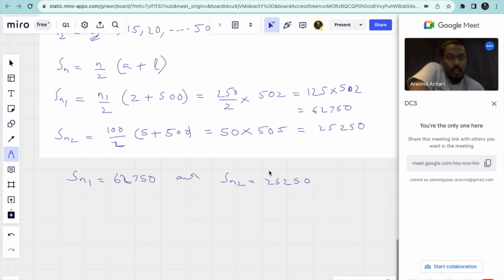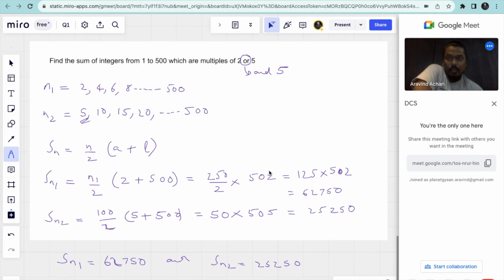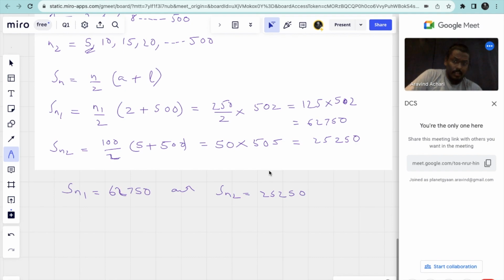So we are happy we got Sn1 and Sn2, but the problem is, read the question again. What are they saying? Sum of integers. Find the sum of integers from 1 to 500 which are multiples of 2 or 5. So what we will think is that just need to add Sn1 and Sn2, but that is not the case. Why? Because Sn1 means sum of terms, correct?